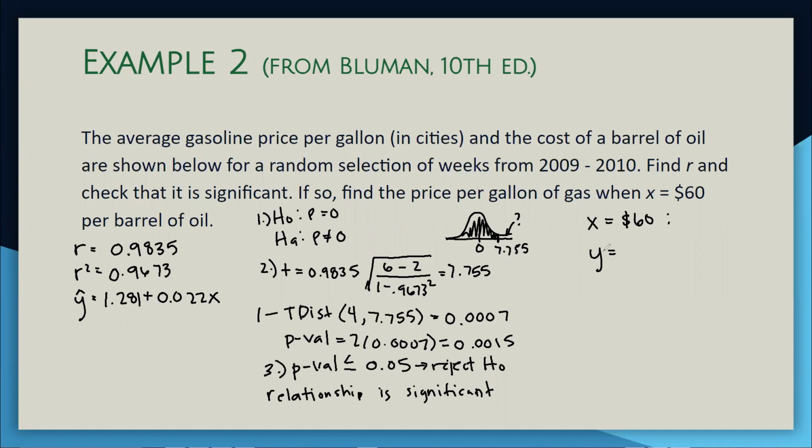And we know that the cost of gas Y is equal to 1.281 plus 0.022 times the cost of a barrel of oil. So just like last time, everywhere we see an X in the formula, we're going to replace it with 60. So 1.281 plus 0.022 times 60. And this is definitely something we're going to need a calculator for.